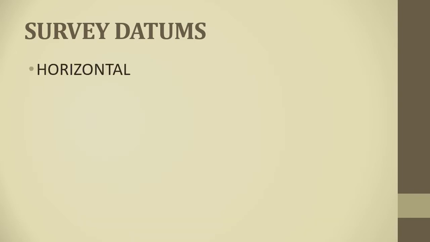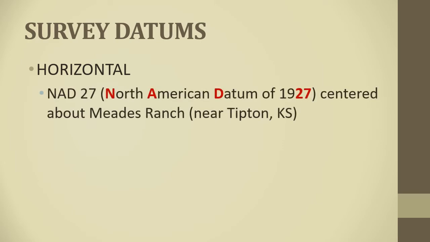And for horizontal datums, that is, again, angles and distances, locations of points on the Earth, Clark translated into the NAD 27, or the North American Datum of 1927, and it was centered about a point near Tipton, Kansas called Meade's Ranch, considered at the time to be the geographic center of the continental United States.